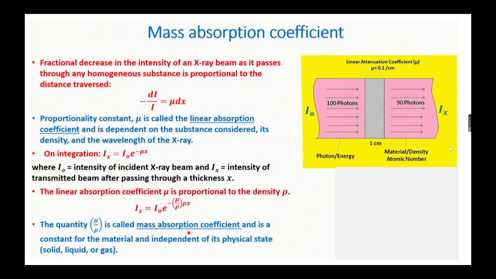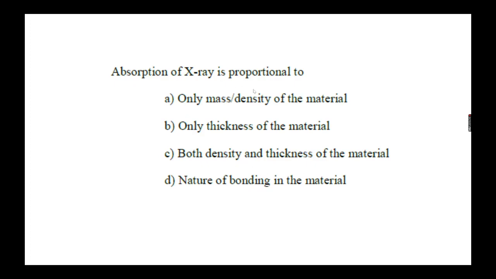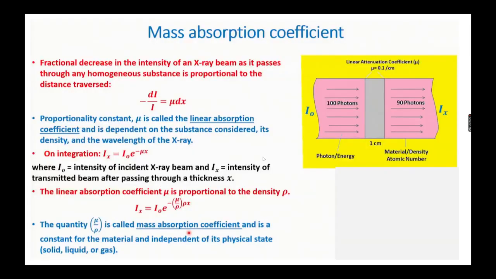In the same way, if you use a material of a thickness of 1 centimeter and a thickness of 5 centimeter, then the intensity of the emitted and the passing or coming out radiation will vary. So it will depend on both the density as well as the thickness of the material. It is very common absorption of X-ray. So both density and thickness of the material will affect the absorption.